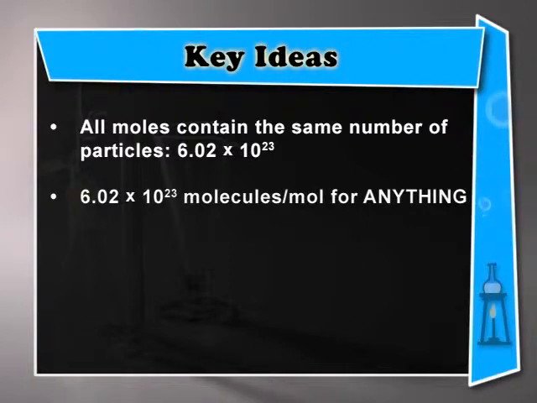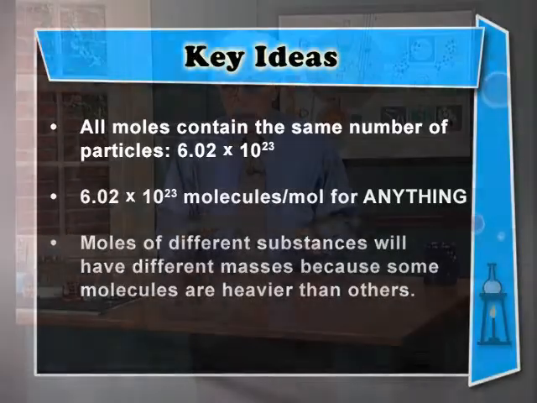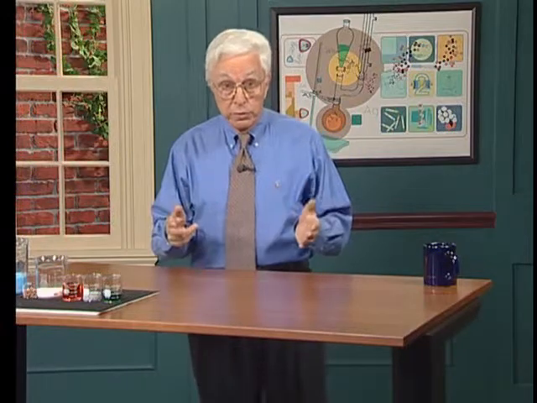Written with the proper units, that becomes 6.02 times 10 to the 23rd molecules per mole for anything. It doesn't matter what it is. The other key idea is that moles of different substances will have different masses, because some molecules are heavier than others. To help you visualize this, I brought a mole of different substances into the studio.